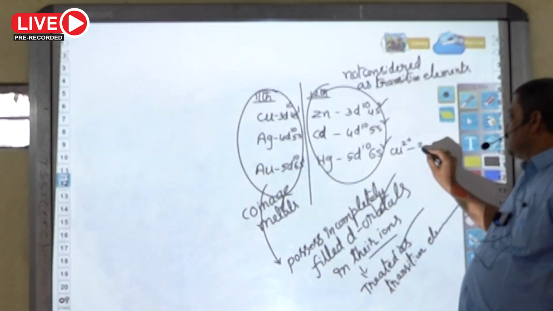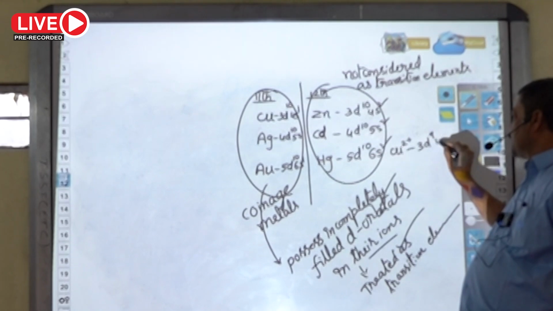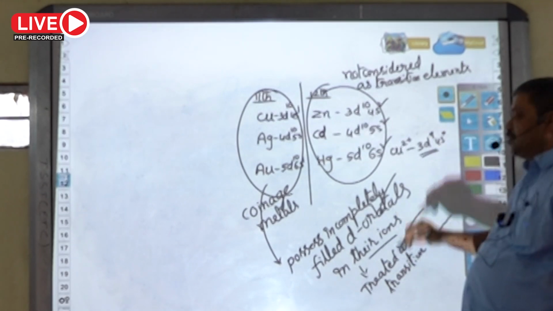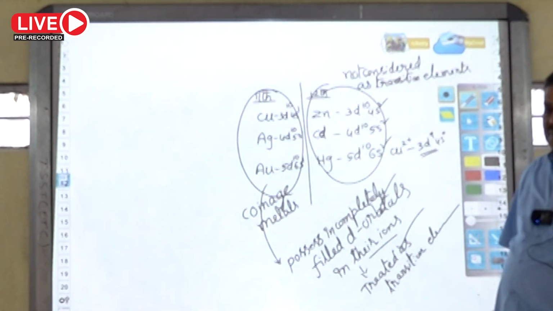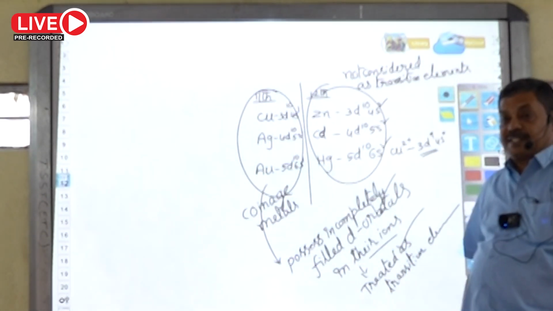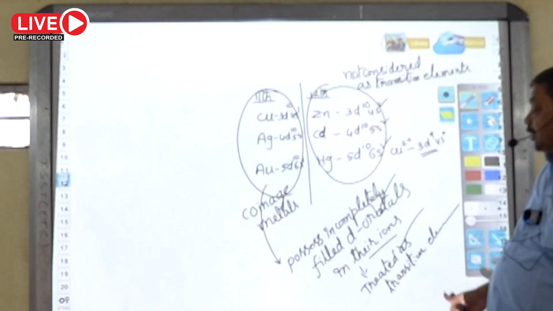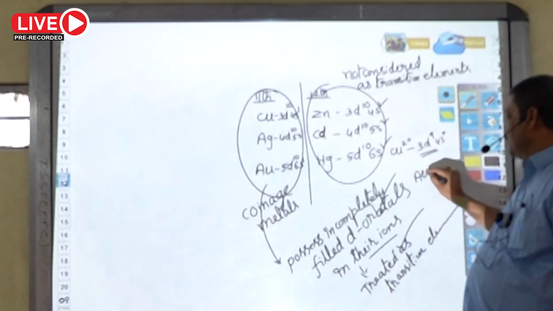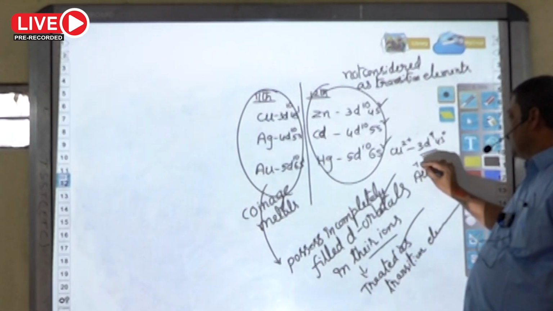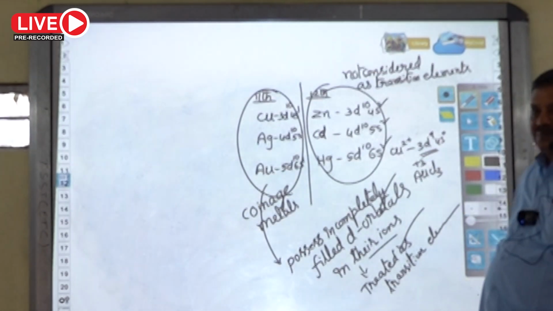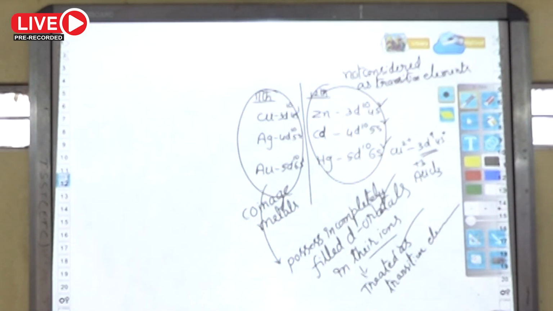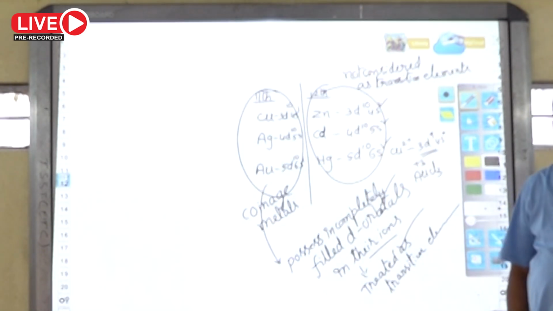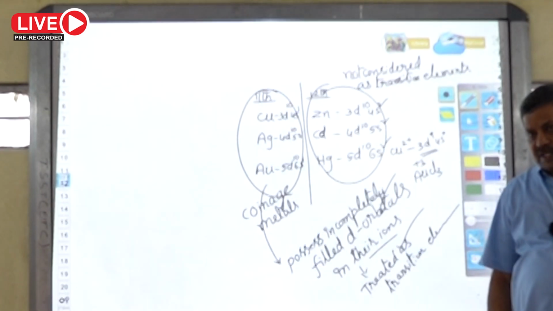Cu2 plus has a 3d9 configuration. It has incompletely filled d orbitals. Like that, gold exhibits Au plus 3, auric chloride. Silver also in some compounds exhibits a different oxidation state.